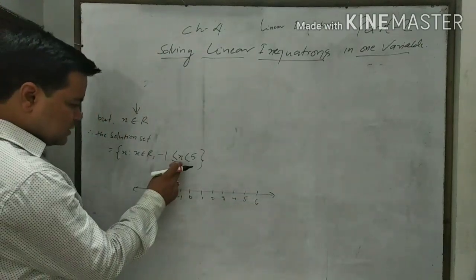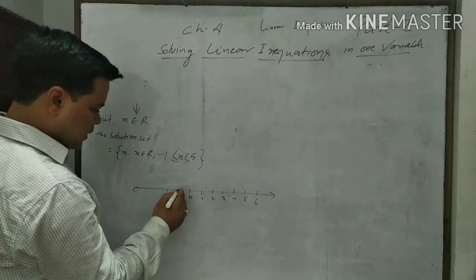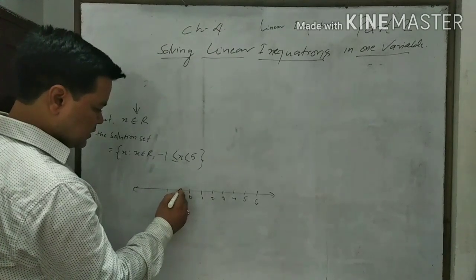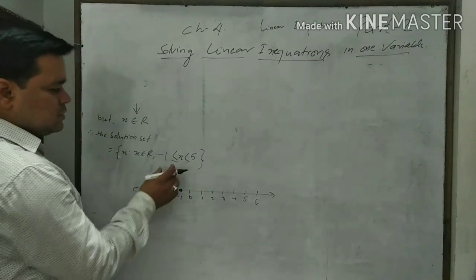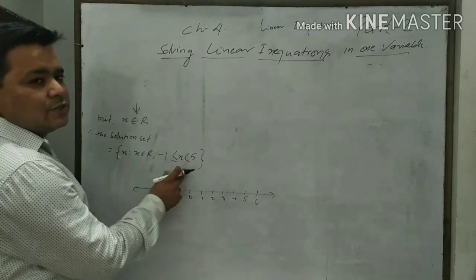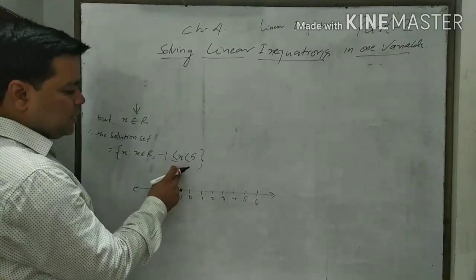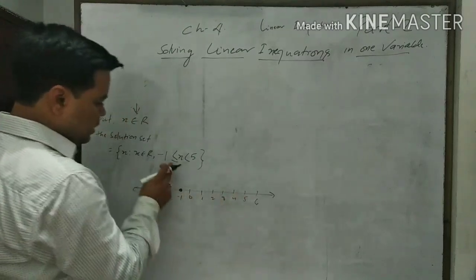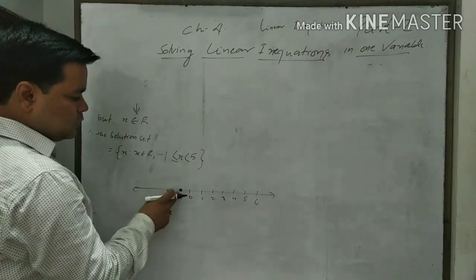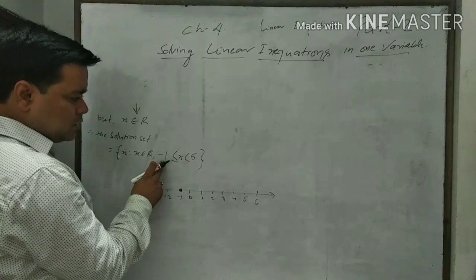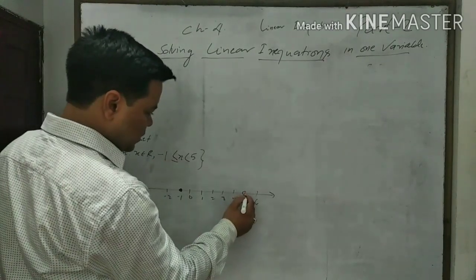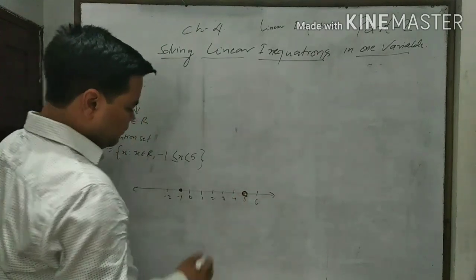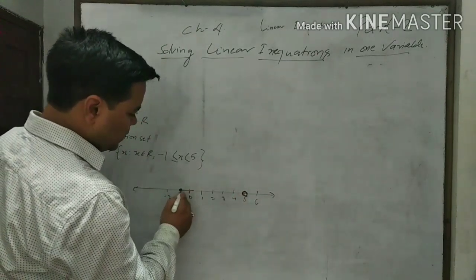The value of x is -1 also, so we make a dot here, but not at 5. This is a closed-open interval. Here -1 is a value of x, but 5 is not the value of x, therefore open at 5.